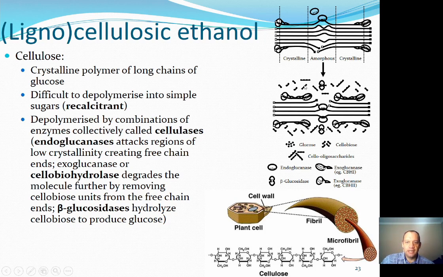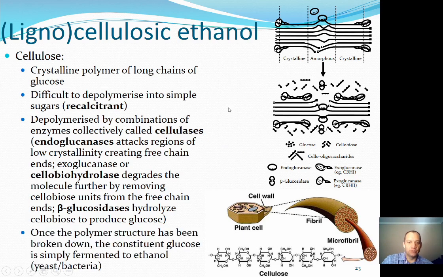So we need endoglucanases to create more free chain ends, and then very importantly we need cellobiohydrolases to be able to actually degrade the crystalline parts, and it removes cellobiose, which is essentially two glucose residues held together by a beta-1,4 bond. And then the final enzyme is beta-glucosidases, and that is the enzyme that hydrolyzes that cellobiose that is released by the cellobiohydrolases in order to give us that free glucose that can then be fermented by your fermentation organism of choice.